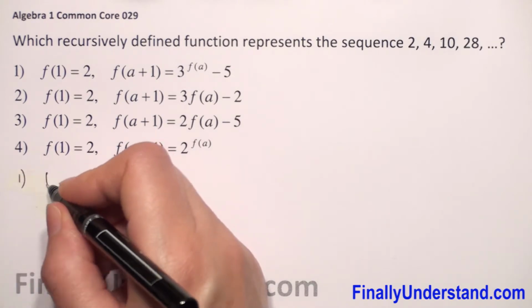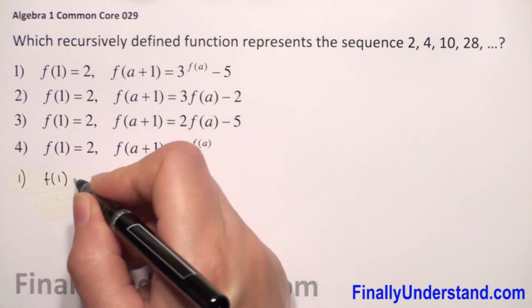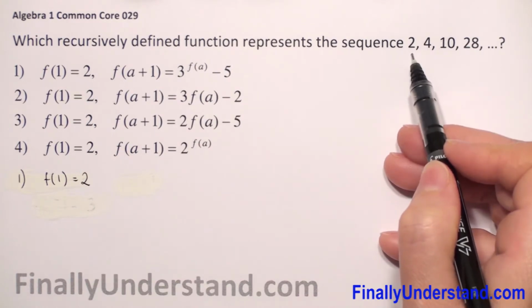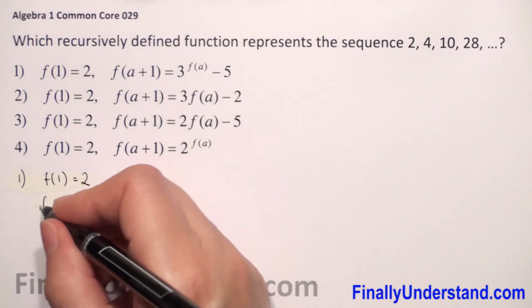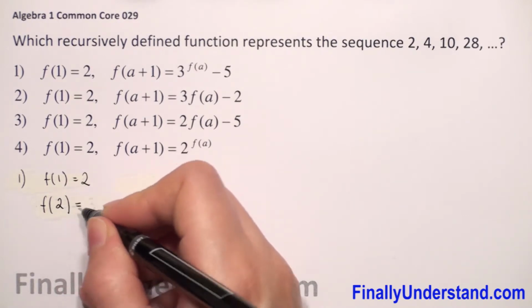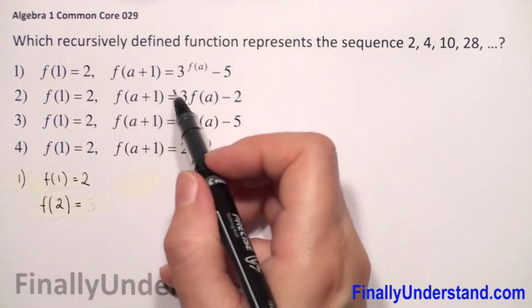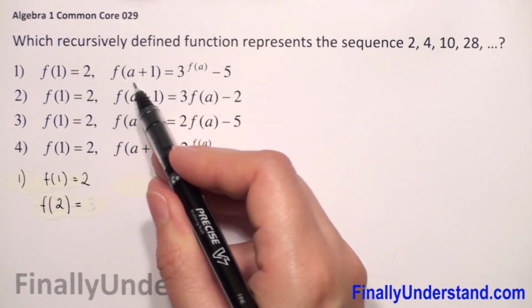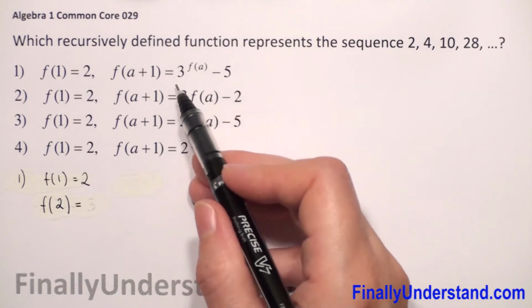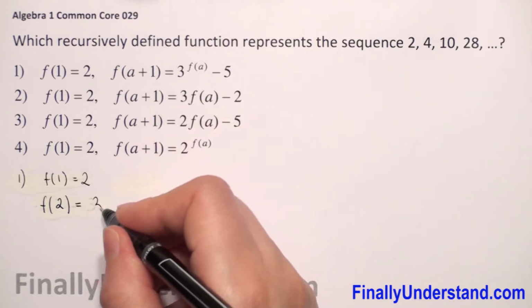We have f of 1, so the first term is 2. It's okay, we have 2. What will be f of the next term, so after 1, so f of 2? We have to use this formula to find the second term. We copy 3.